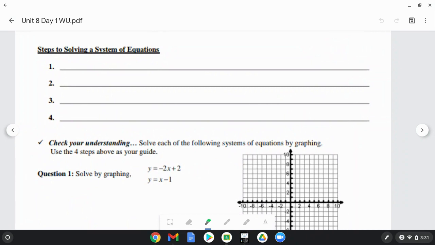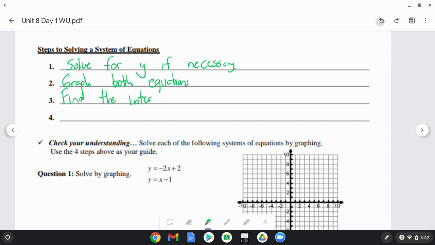Step 1 is to solve for y if necessary. So you look at both equations, we're going to solve for y. Step 2 is to graph both equations. Step 3 is to find the intersection point.